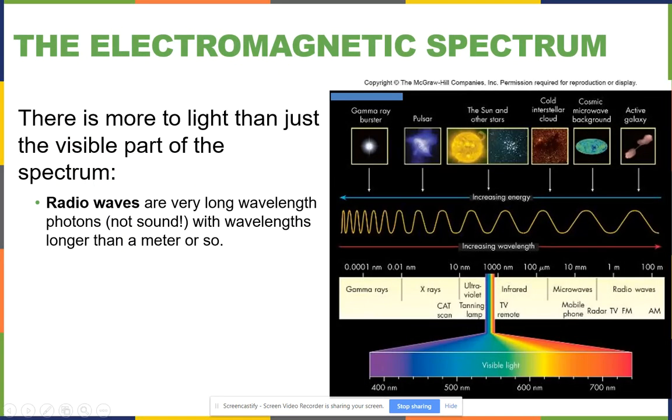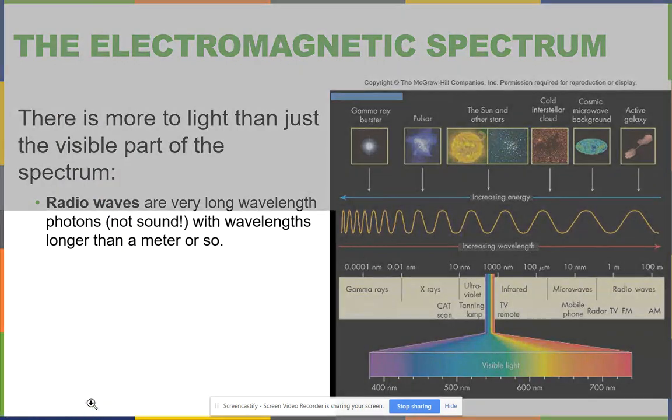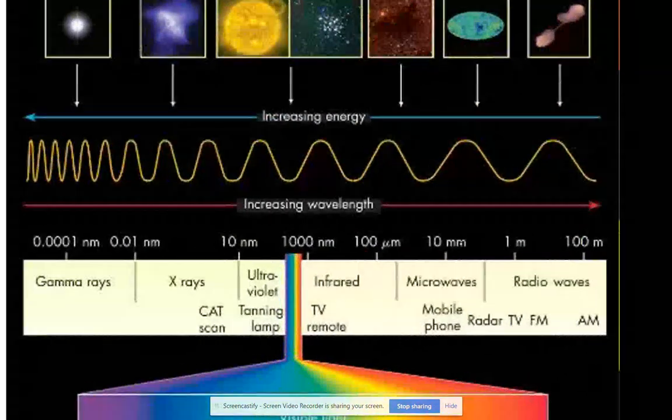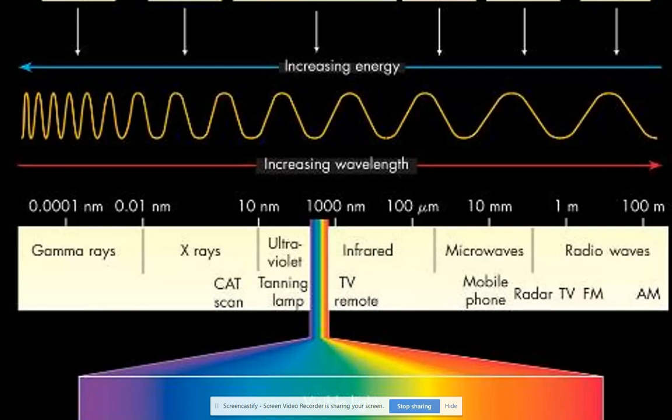When I tried it before, it did not work the way it's supposed to. Okay, so now I can zoom in. Here we have the spectrum of electromagnetic waves. And I cannot write on it when it's zoomed in, so I'm not going to try to.